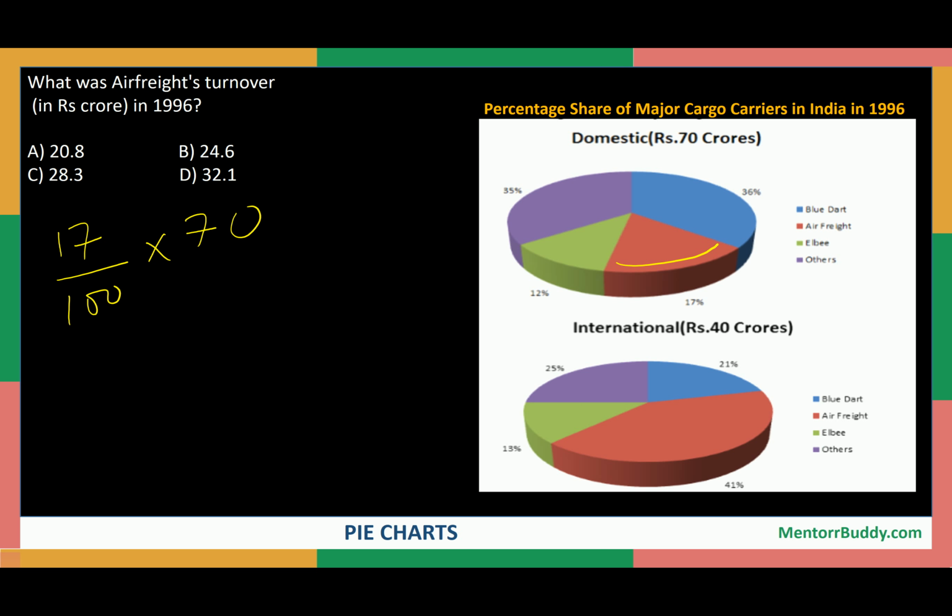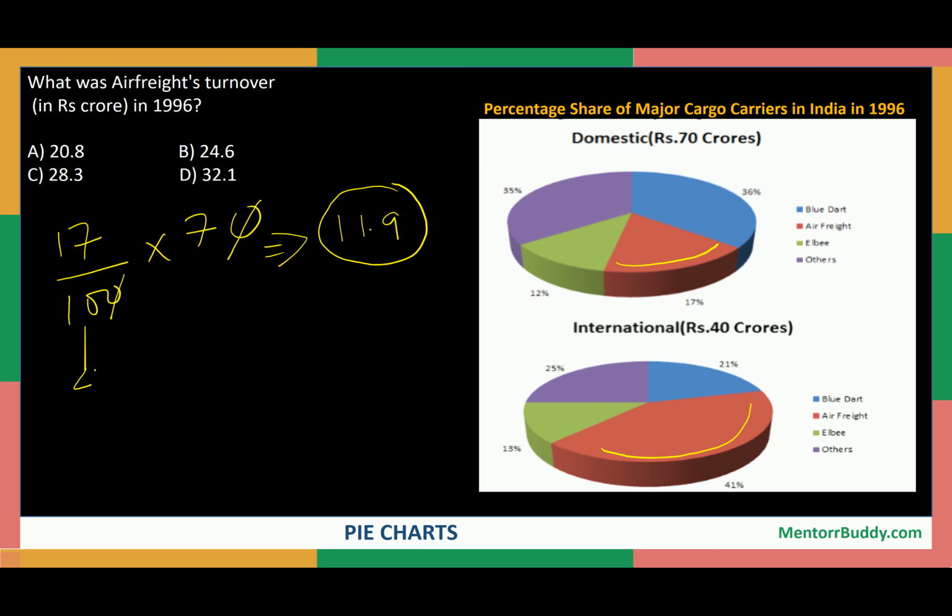Clear? We can cancel out 10 and multiply 17 by 7, so we get 119. Putting a decimal point, we get the domestic turnover of air freight as 11.9. Similarly we calculate the international turnover of air freight, which is given as 41%.